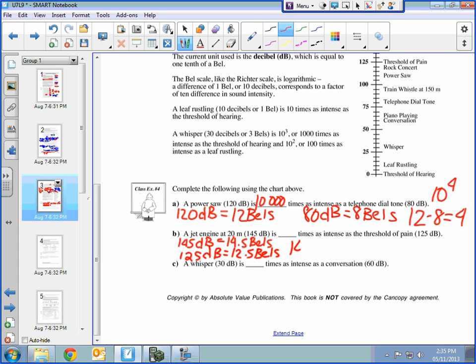So what's 14.5 minus 12.5? So my answer is going to be 10 to the exponent 2, which is what? Any questions so far, grade 12s?